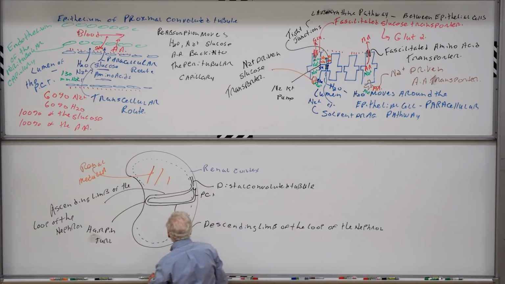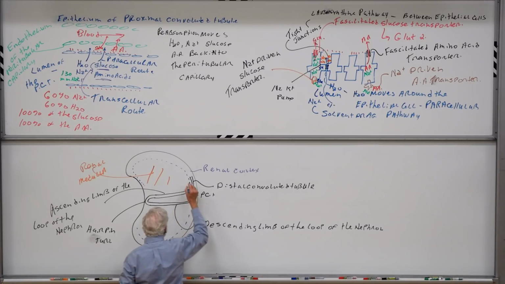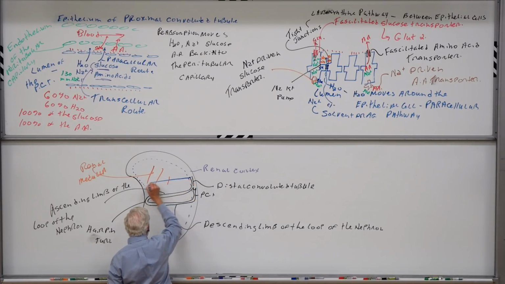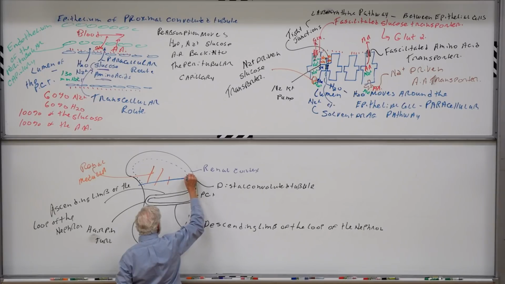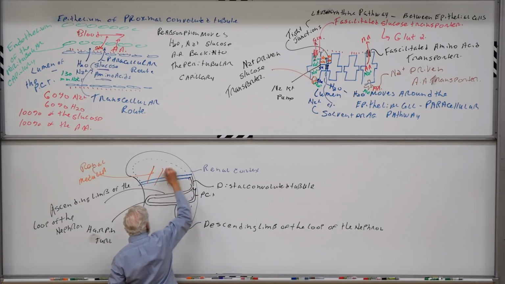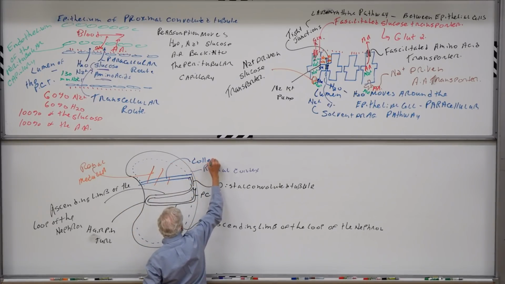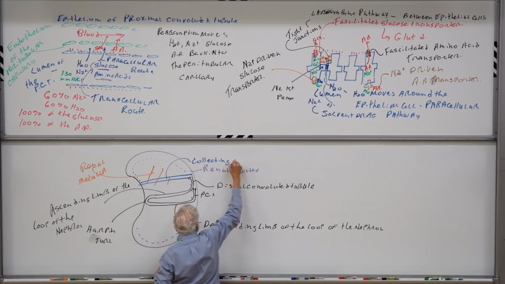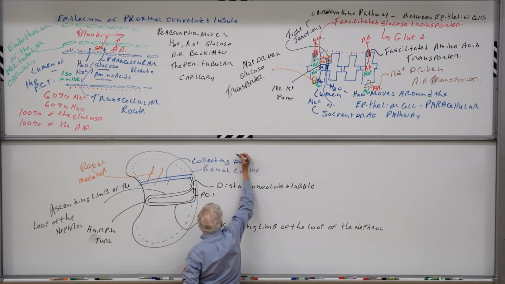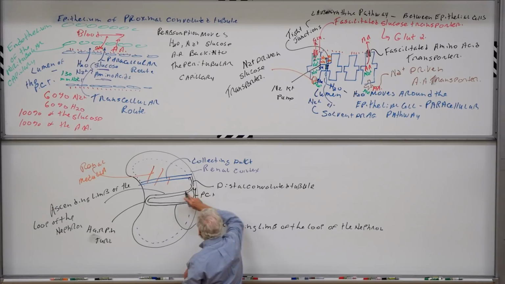Then these nephrons are now going to empty into another structure here, which we described yesterday as the collecting duct. Now I've drawn this to show one nephron emptying into one collecting duct. There are probably more like 20, 30, 40 of these nephrons emptying into a collecting duct.